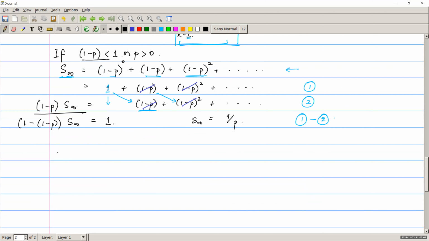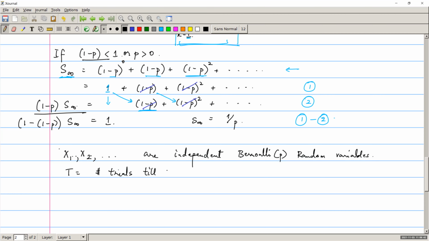Now this is a geometric random variable. Just to summarize, if X1, X2 are independent Bernoulli random variables, T, which is the number of trials till the first success, and here we are assuming that p is strictly bigger than 0.